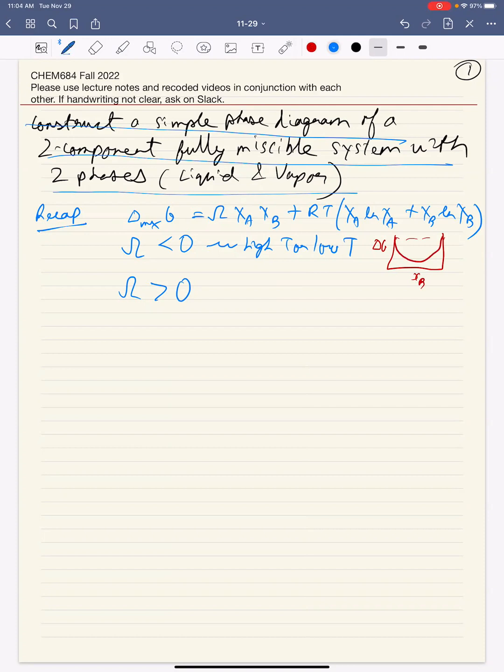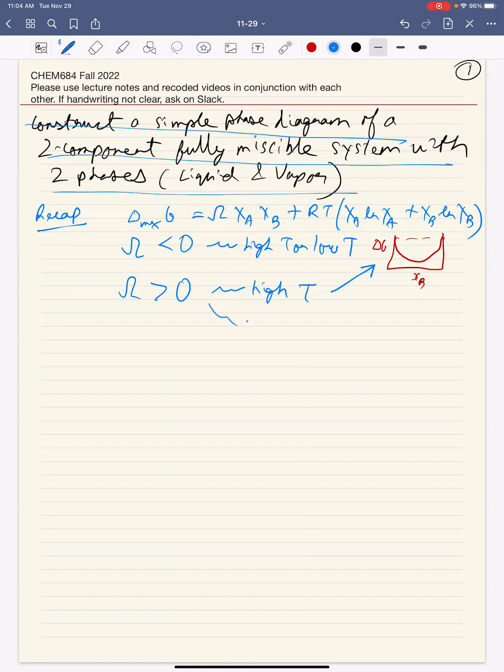While if omega was positive, then you had a competition between energy and entropy. And in this case, at high T, it looked similar to what we had for the omega negative case. At high temperature, it was similar, right? Because entropy dominates, so you get this entropy dominated picture.